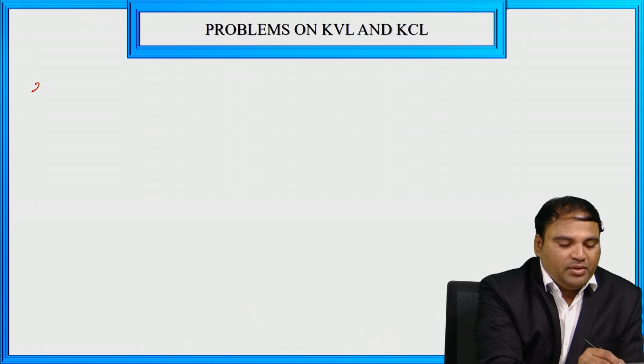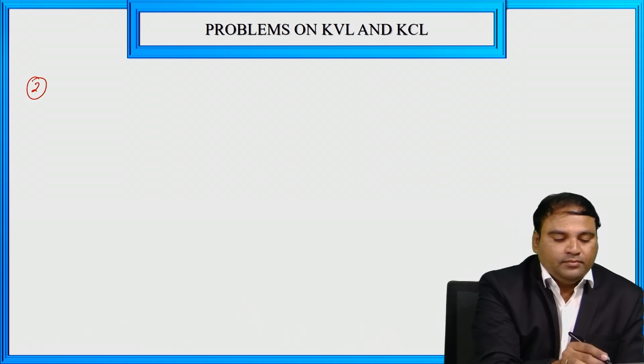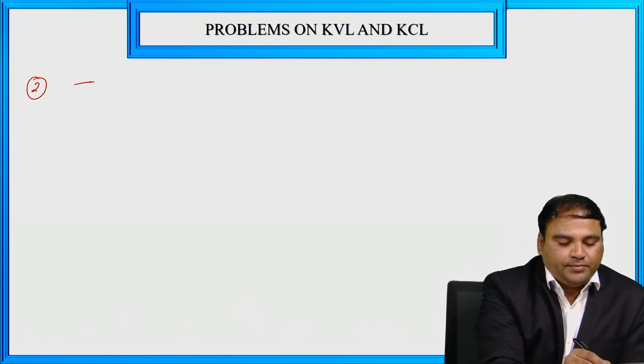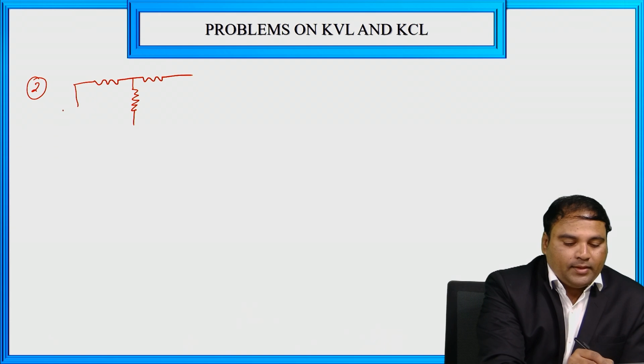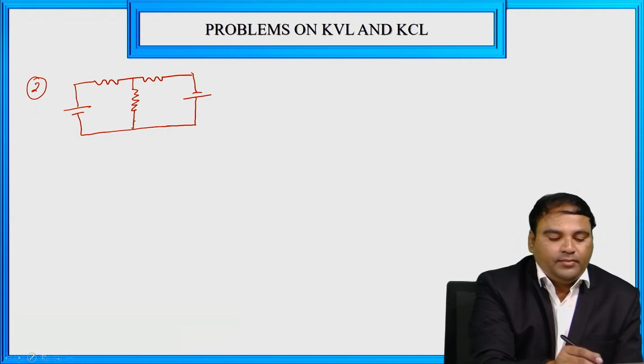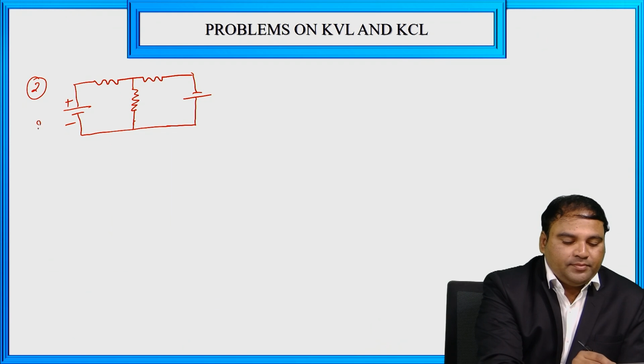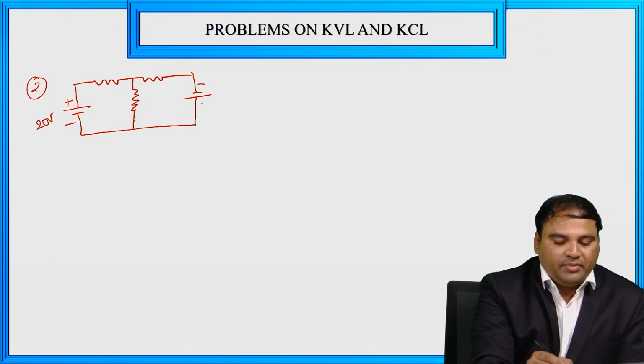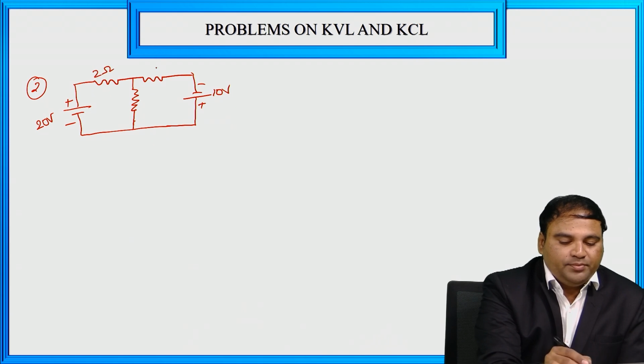So the second problem, I am taking the voltage source, and here I am changing the voltage: the reverse voltage is applied here. So plus minus 20 volt, minus plus 10 volt. This is 2 ohm, 3 ohm, 4 ohm.